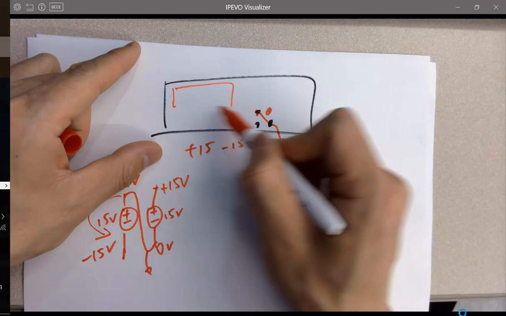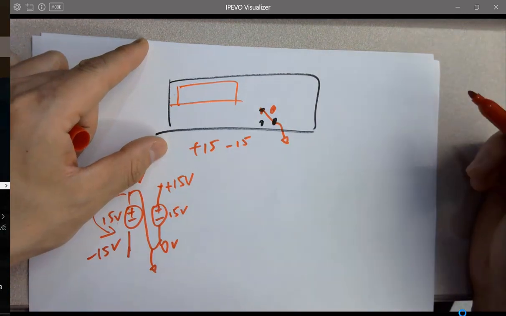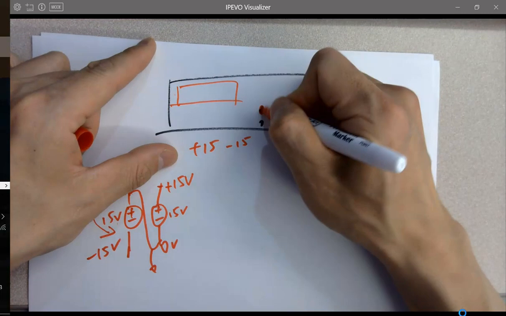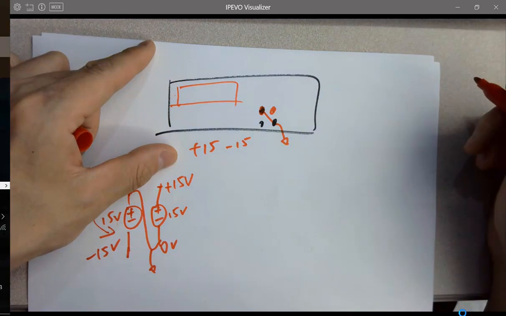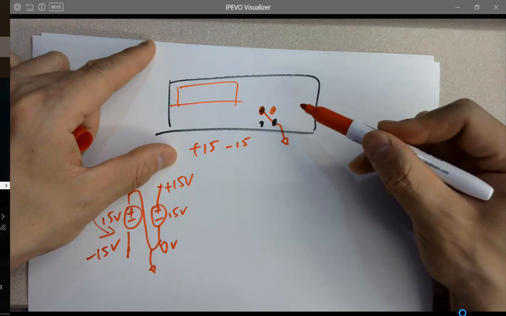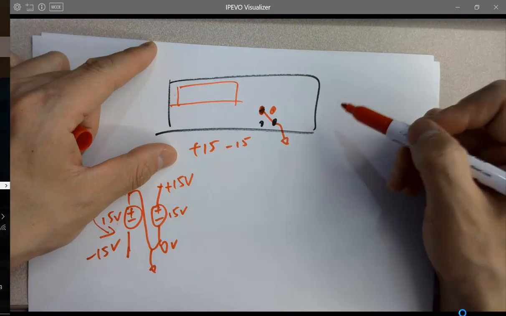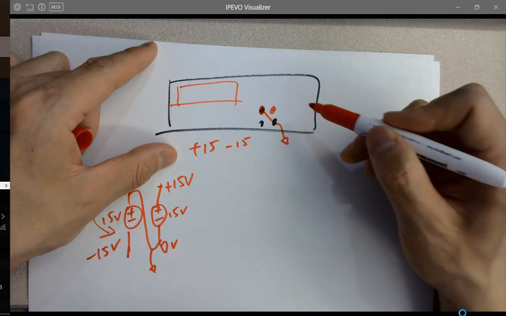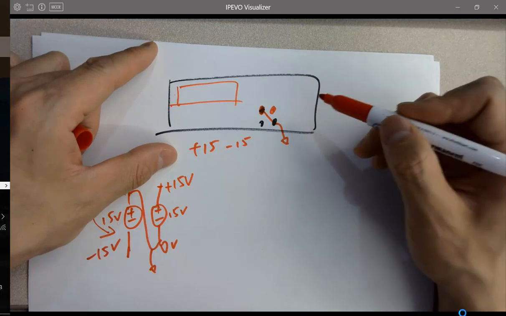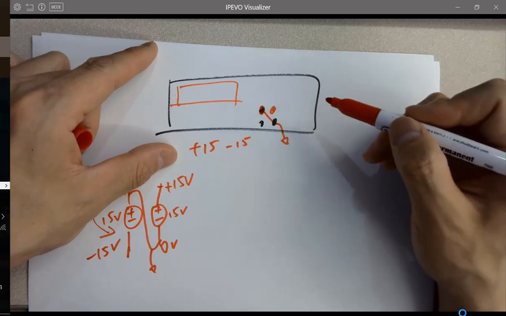So from here, tell me which one is plus 15 and which one is negative 15. That's the power supply, right? Sorry, this is red. Which one is plus 15 and which one is negative 15 that you can use for your op-amp? It's very practical. I'm letting you know which one you should connect to your B plus, and which one should connect to the B minus of your op-amp.